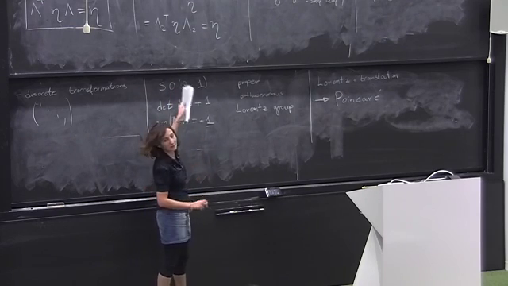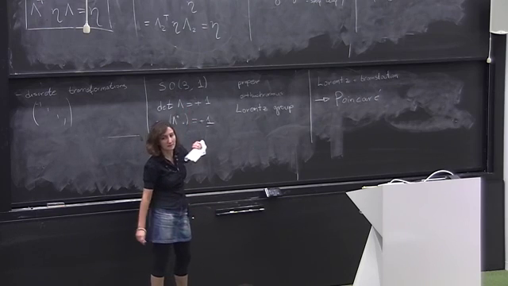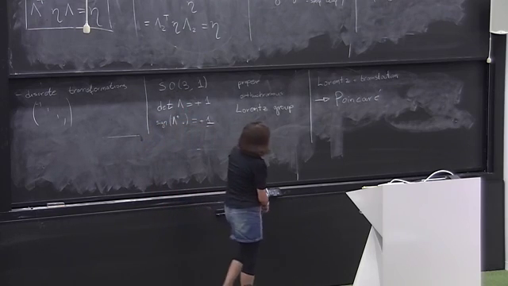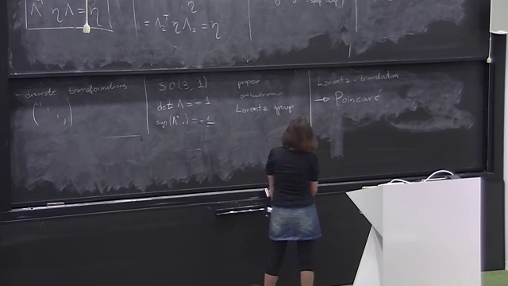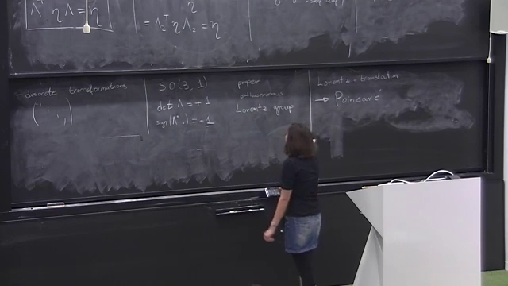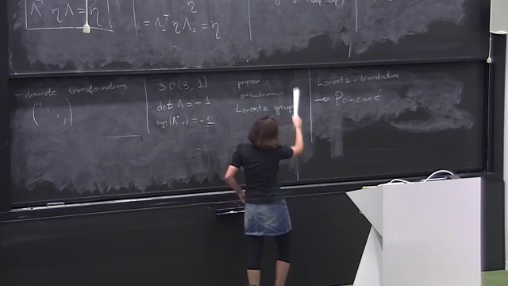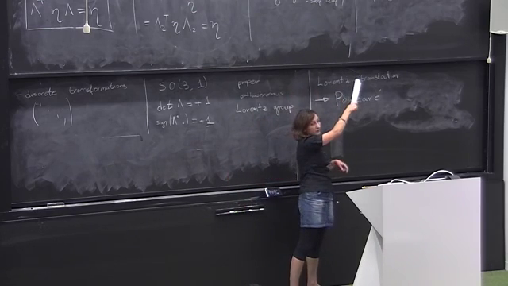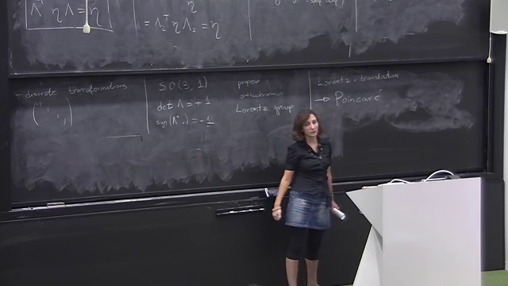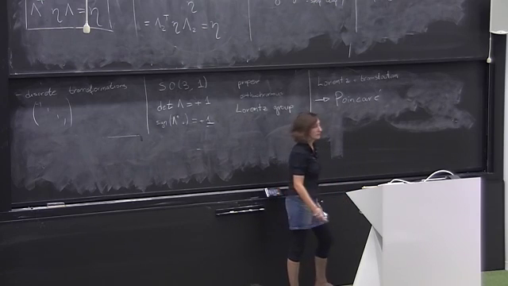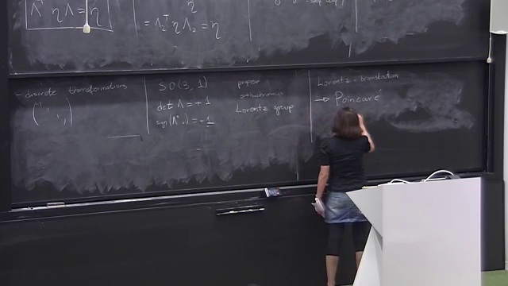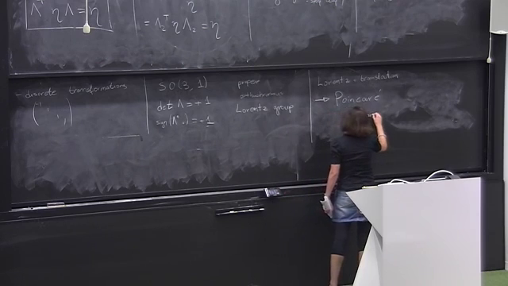This is basically what we are interested in. And you can count how many parameters this group will have. You will find 3 for rotations, 3 for boosts, and 4 for translations. So that would be a 10-parameter group.